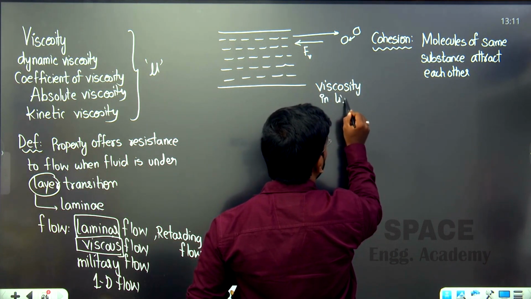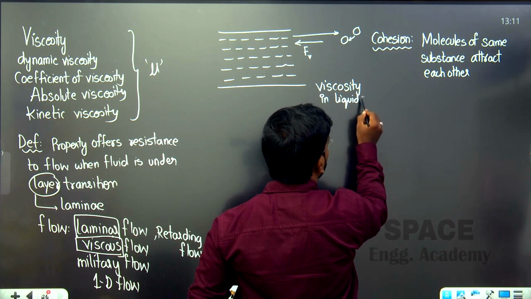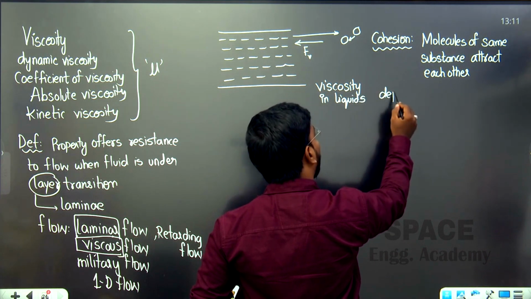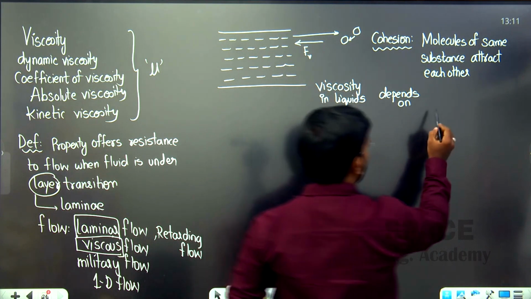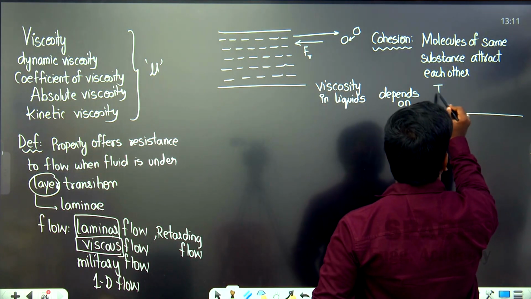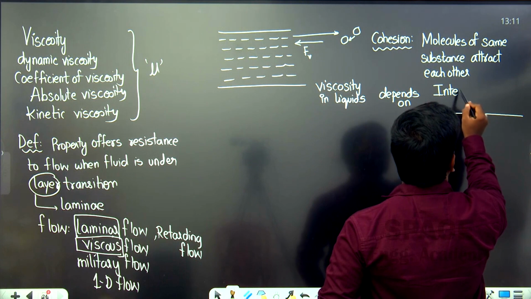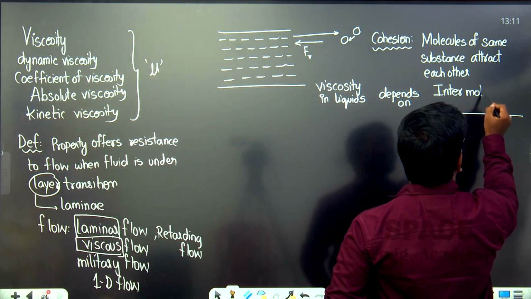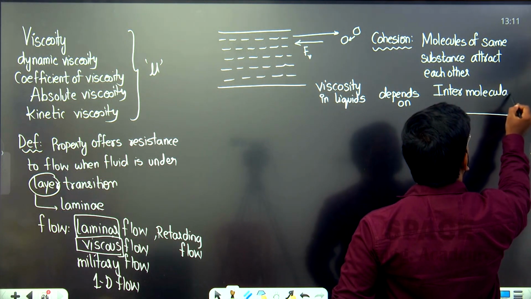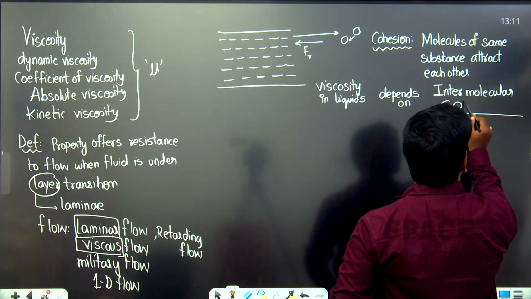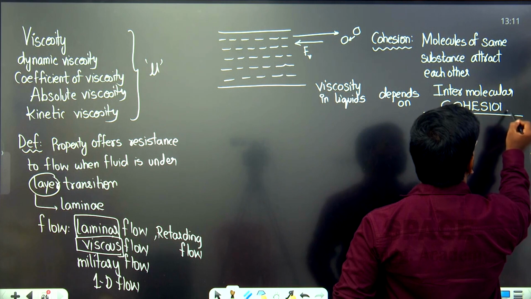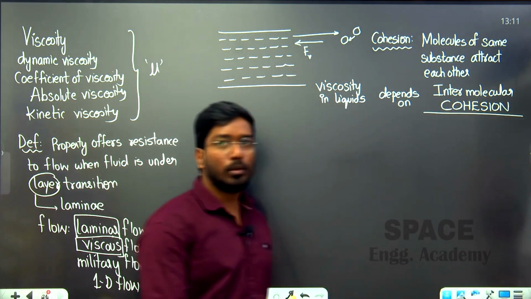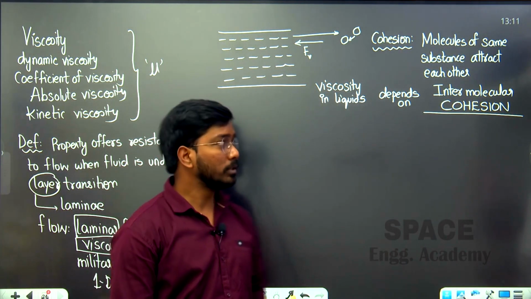Viscosity in liquids depends on dash. Your answer should be intermolecular cohesion. Intermolecular cohesion. Go through it.